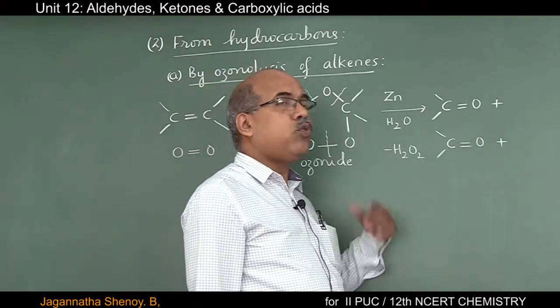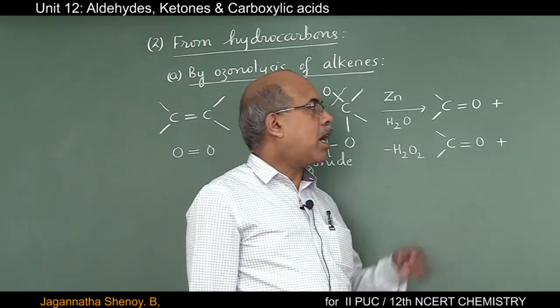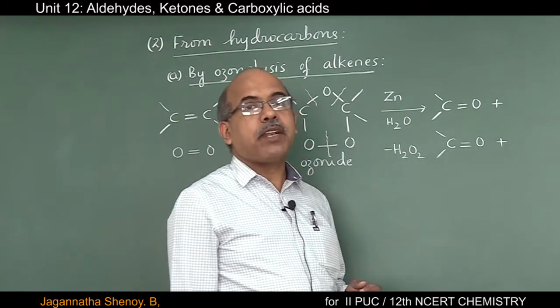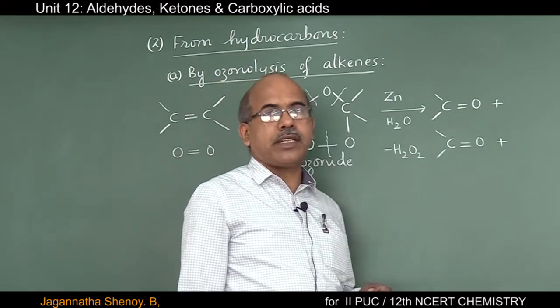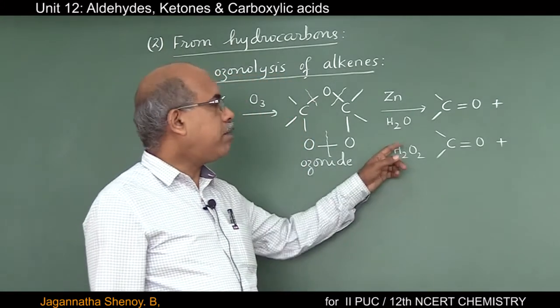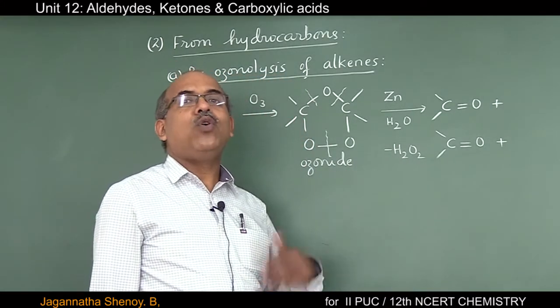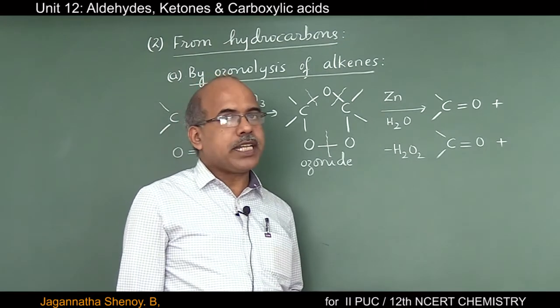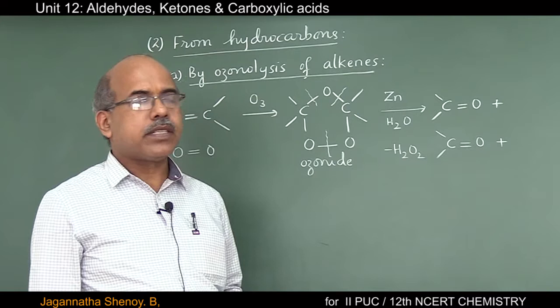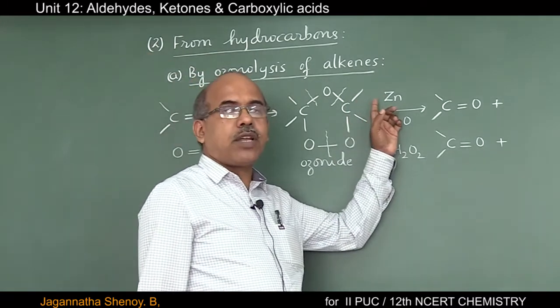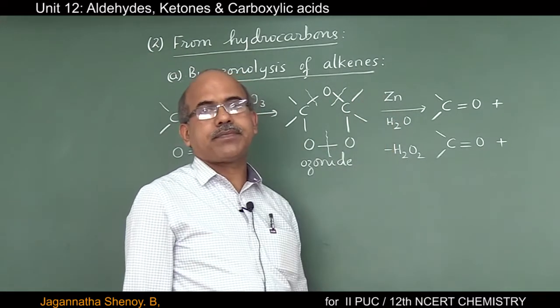So if I don't want to get a carboxylic acid, I have to prevent the aldehyde from undergoing oxidation in the presence of hydrogen peroxide. So how do I prevent the oxidation? I have to provide a reducing agent. So which is the reducing agent? You are making use of zinc.